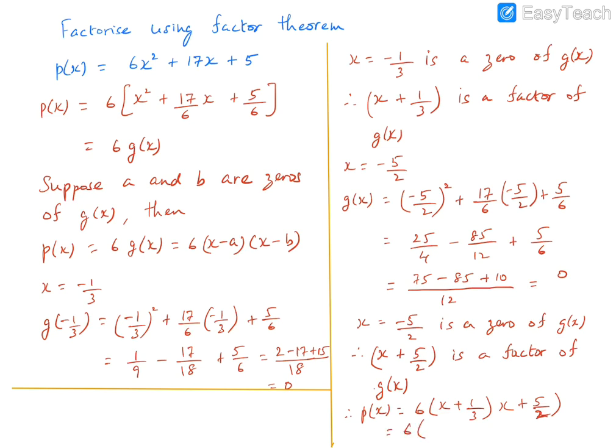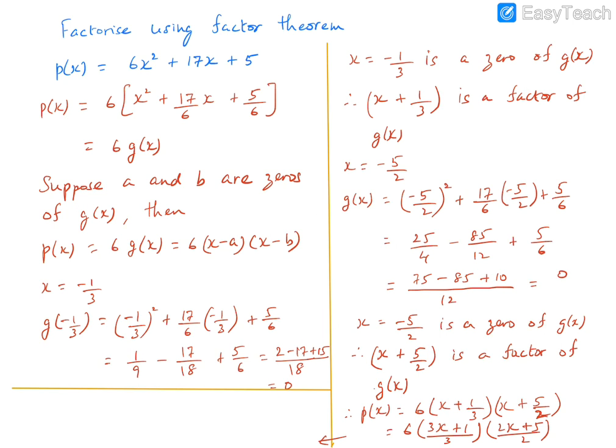So we can write this as 6 into, if we take the 3 as the LCM here, we'll get 3x plus 1 over 3, and similarly here if we take the 2 as the LCM, we will have 2x plus 5 over 2. So now I'll just do the continuation over here.